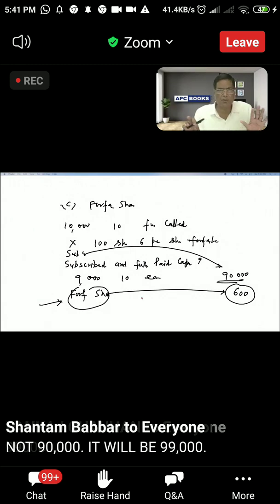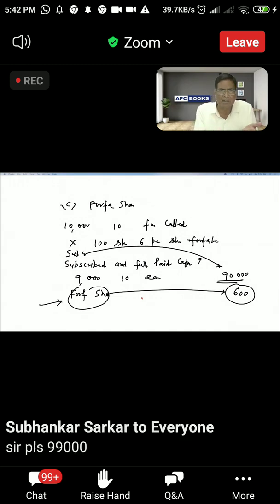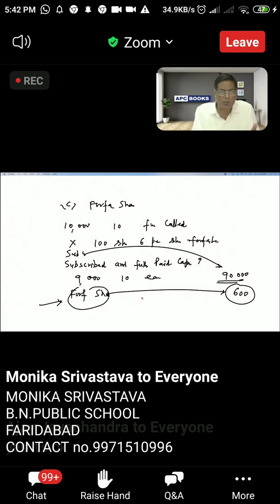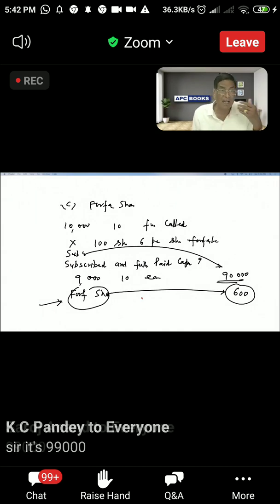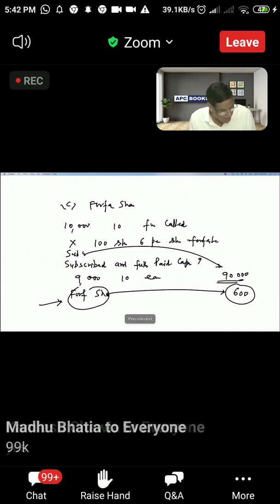These shares are lying with the company. They may be reissued. They may not be reissued, but they are not a part of subscribed by the public. Public had subscribed earlier, but they have been forfeited. So forfeited share is not a part of subscribed capital.